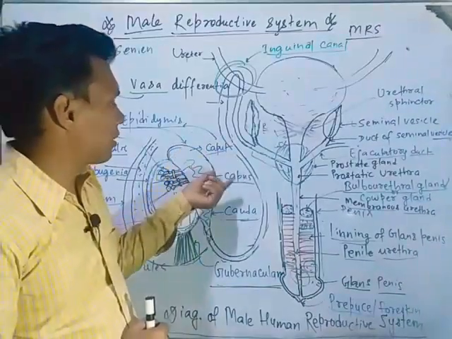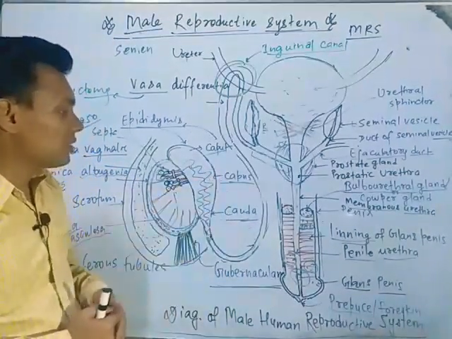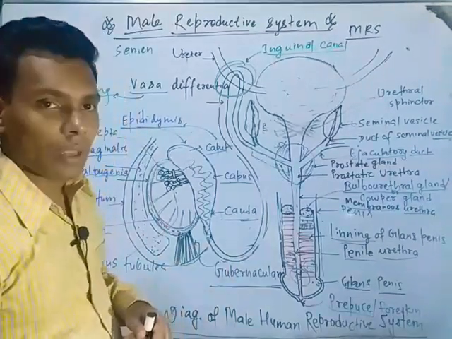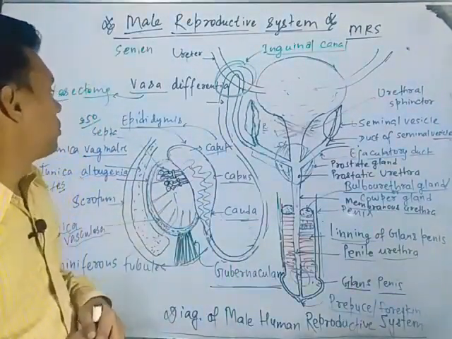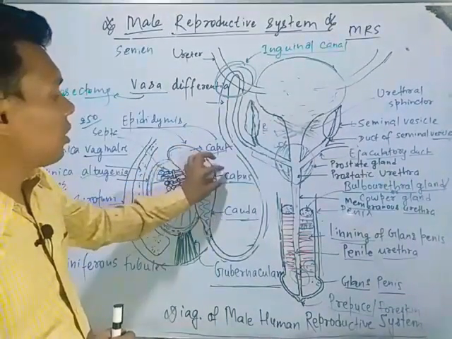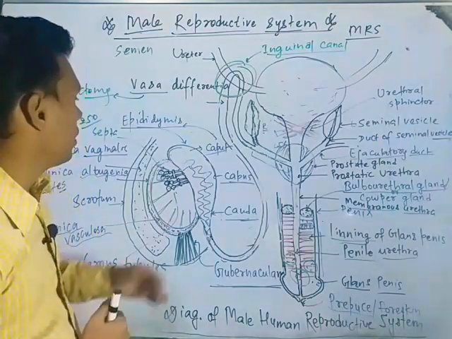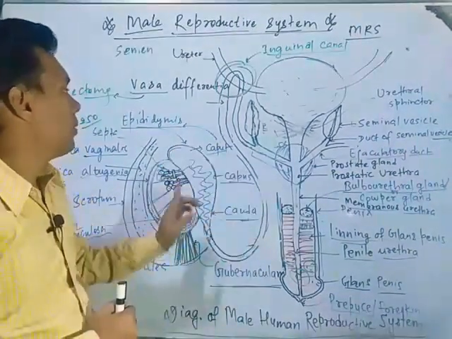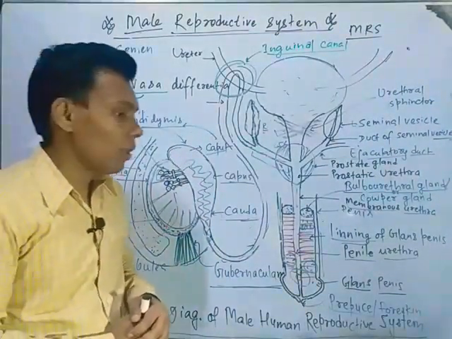Caput is the head part, corpus is the middle section, and cauda is the tail section, that is the upper, middle and lower part. Corpus is in another form the body part. Caput, corpus and cauda together we commonly call the epididymis.